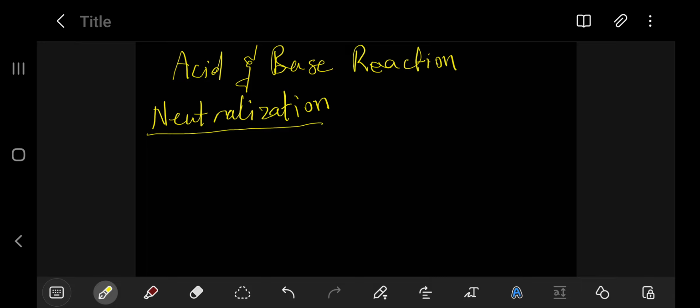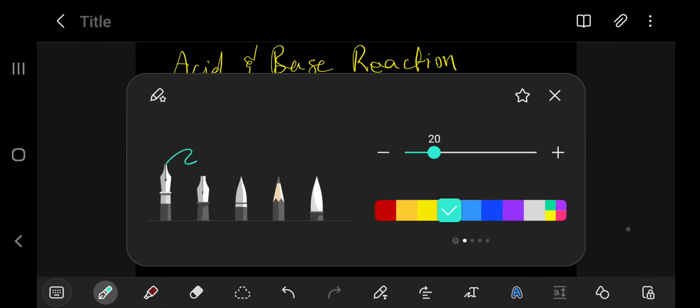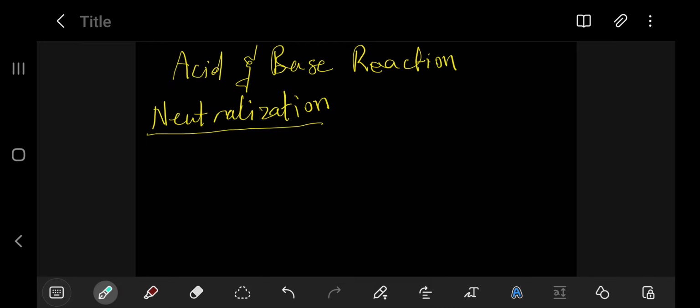So we have three situations of the resulting solutions, because when an acid and a base react we want to answer two questions.